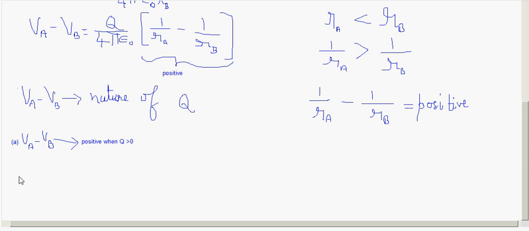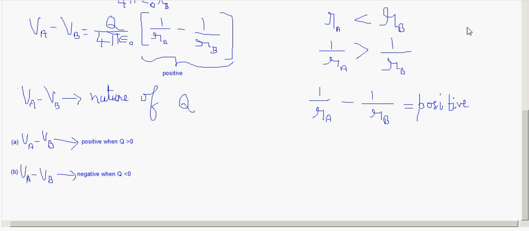Similarly, VA minus VB is negative when Q is less than 0.